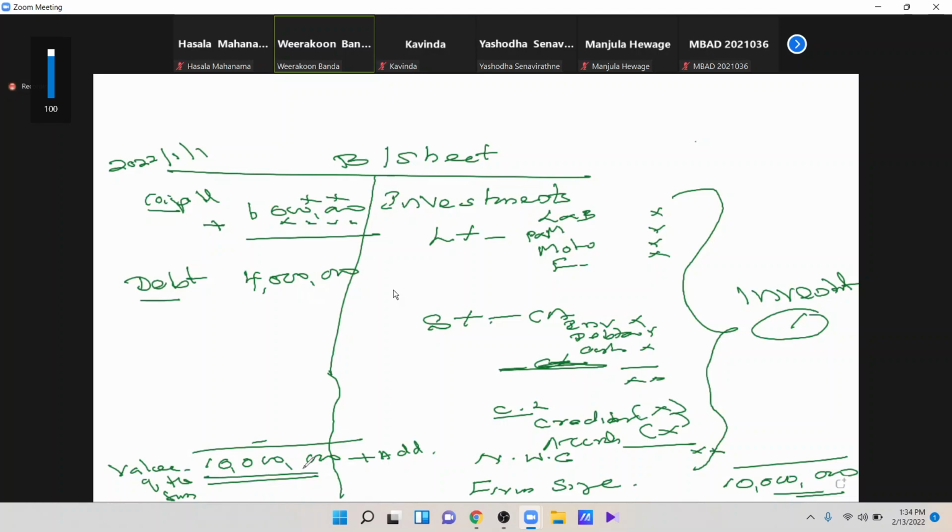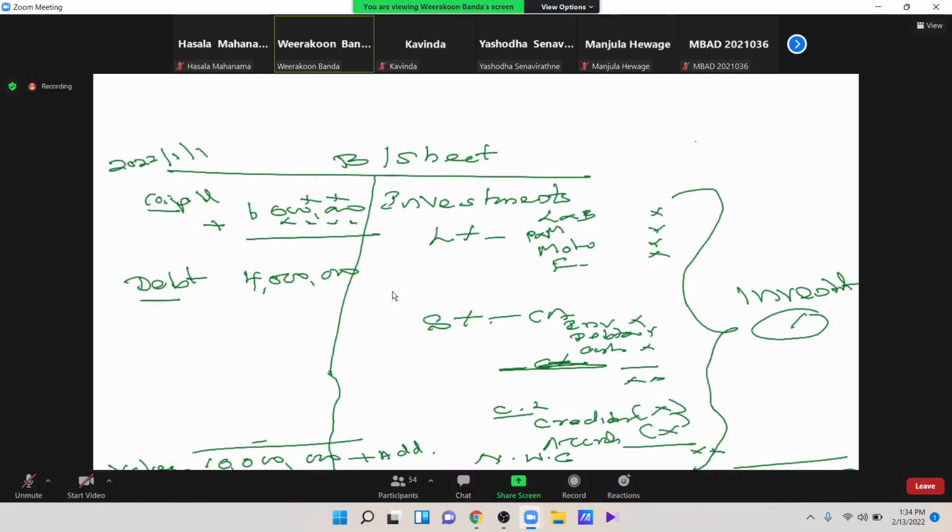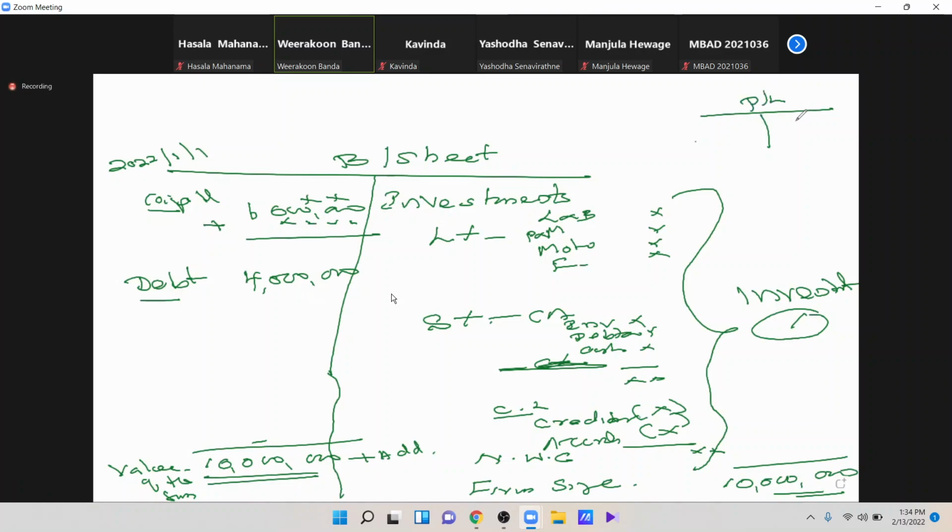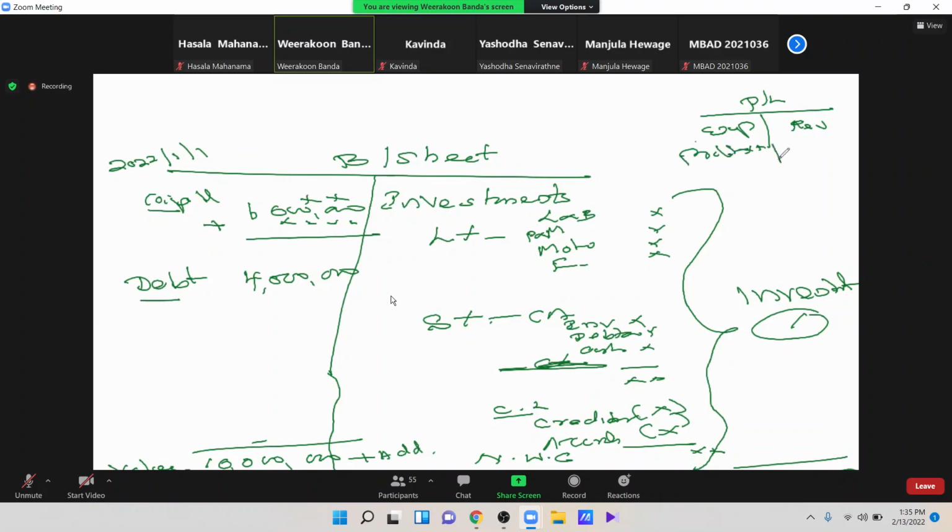So every year you prepare an income statement. In the income statement, or profit and loss account, we report revenues and expenses, and the residual is the profit.